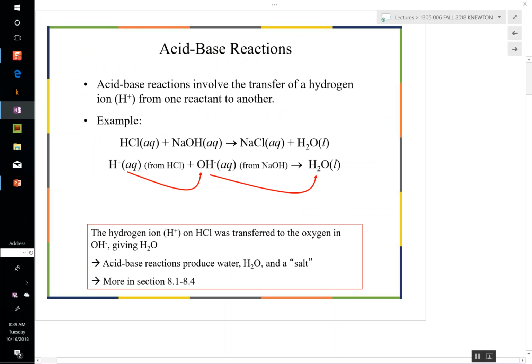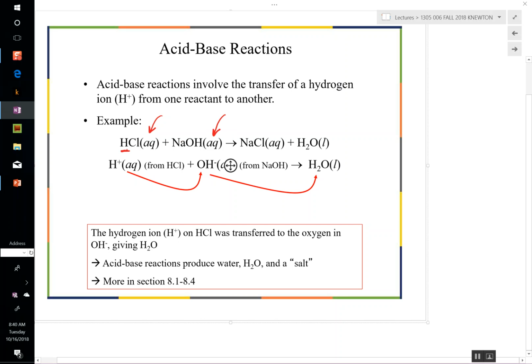Here's a simple acid-base reaction. I'll move back to some of those previous slides in just a second. Here is HCl. The AQ means it's dissolved in water. It's aqueous HCl. That's hydrochloric acid. And sodium hydroxide dissolved in water. So we have a solution of sodium hydroxide.